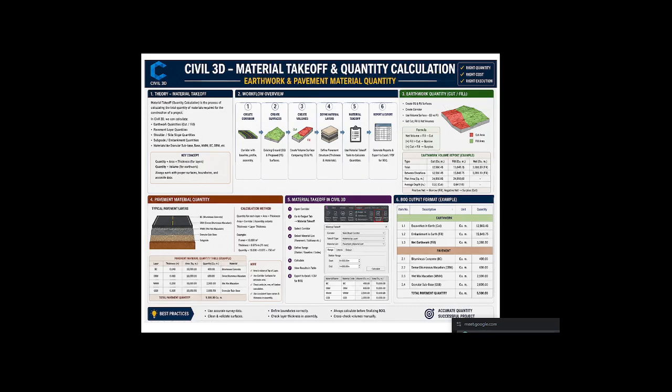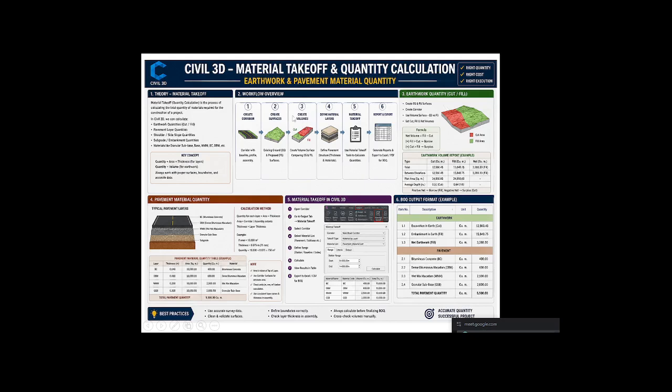In the software we can calculate the earthwork, pavement layers, embankment, subgrade, and all road materials automatically without manual calculation. So the software user uses our design model to generate accurate quantities instead of manual calculation. So this is the basic thing about material takeoff.